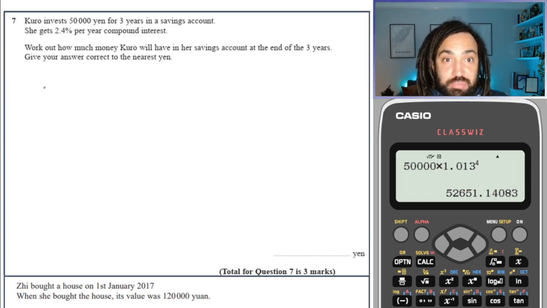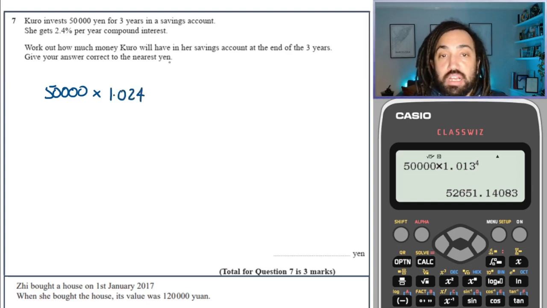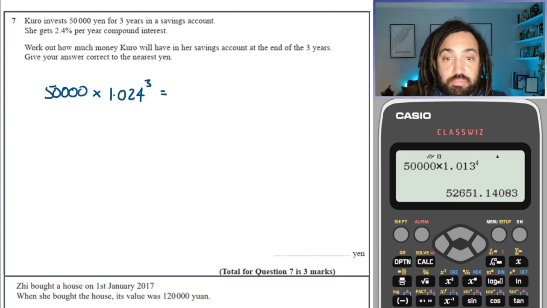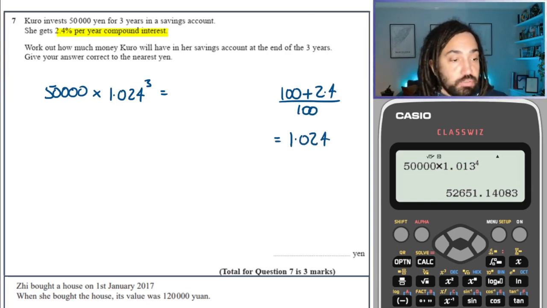Again, very similar question. We've got 50,000 and we're multiplying that by 1.024, and that is to the power of 3. Once again, the percentage interest, you can find the multiplier by always starting with 100, adding on the percent, and then dividing by 100, and that gives you, in this case, the multiplier of 1.024.